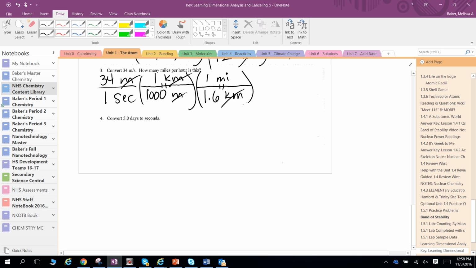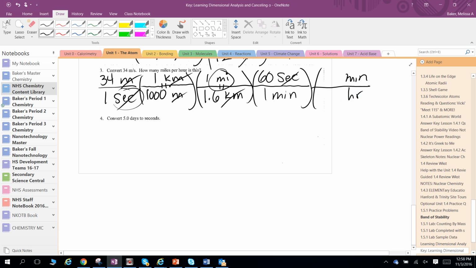So if I stopped right now and multiplied across the top and divided by the bottom, I would have my units in miles per second. But I don't want that, I want miles per hour. So now I need to get rid of seconds, so I need to write them on the top. I know there are 60 seconds in 1 minute, so seconds can cancel out here. And then I want to get rid of minutes, and I want to get into hours. There are 60 minutes equal to 1 hour, so minutes cancels out.